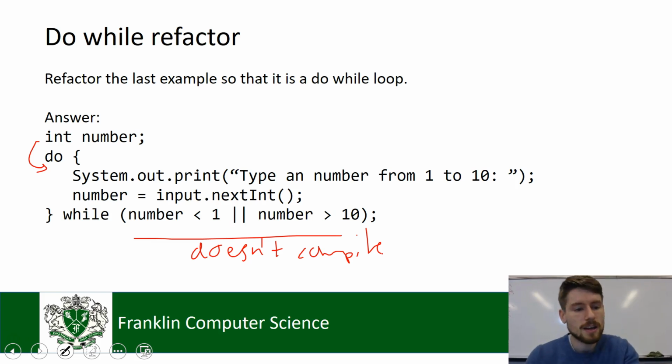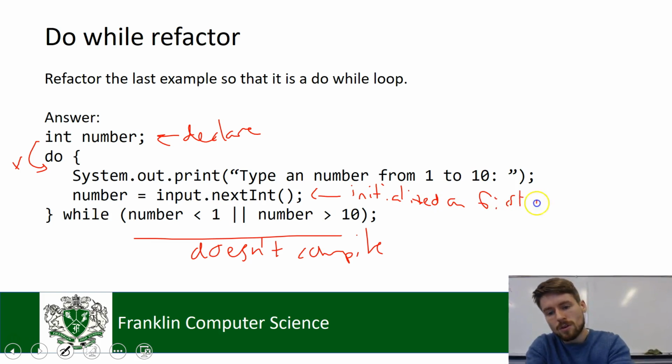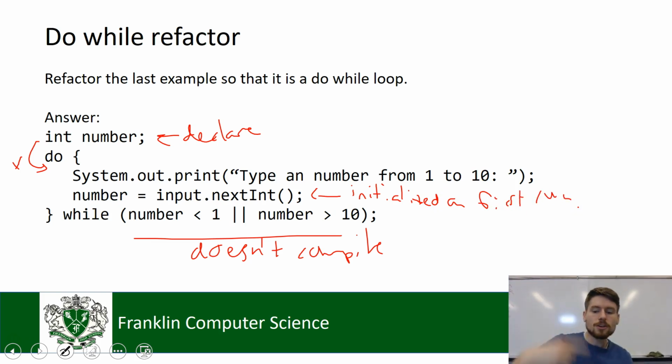So we wouldn't want to put it inside the do. We just declare it up here, and then it gets initialized on the first run of the loop. The first time the do happens, it gets initialized there.